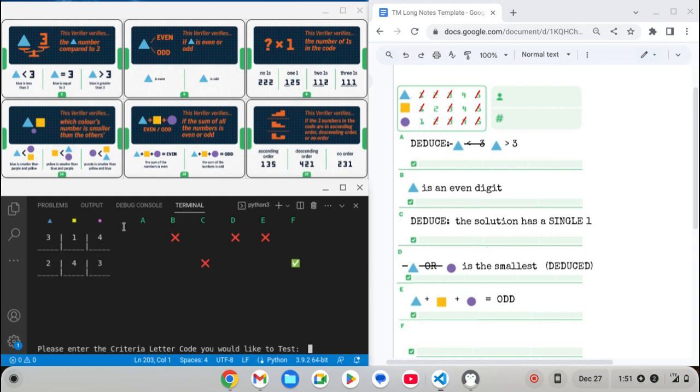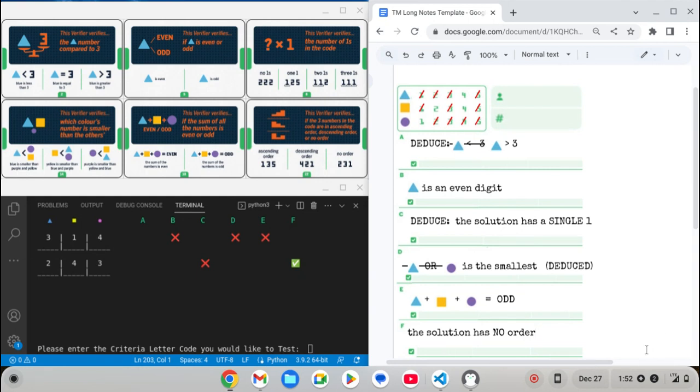Okay, and it did approve of the no order. So let's type up that. We'll say that the solution has no order. Okay. And yeah, so at this point, circle is the smallest.